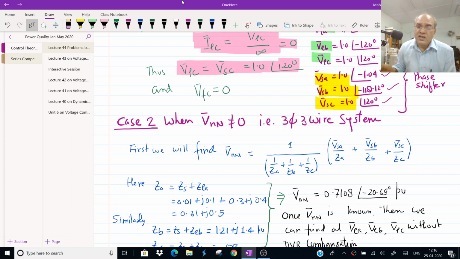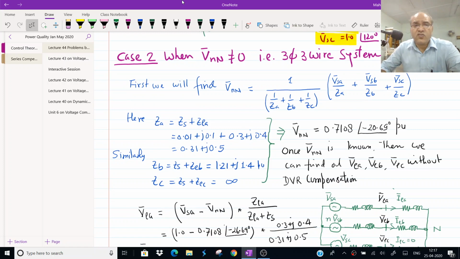You can see it here. Let us try to find out first. Since this is a three-wire system, we have to first find the neutral voltage because the neutrals are floating. As you know, the voltage between the two neutrals is given by this expression. I have explained this earlier; you can look at the previous notes.